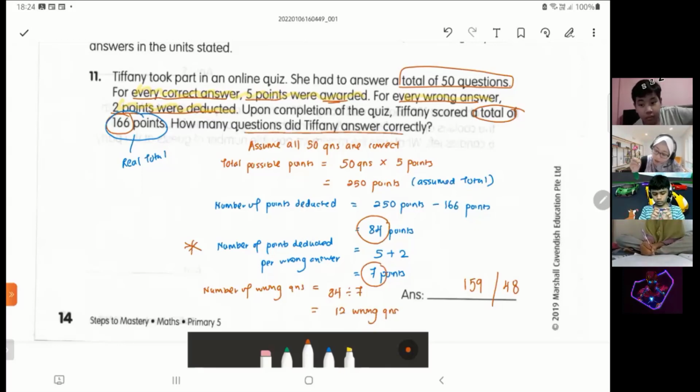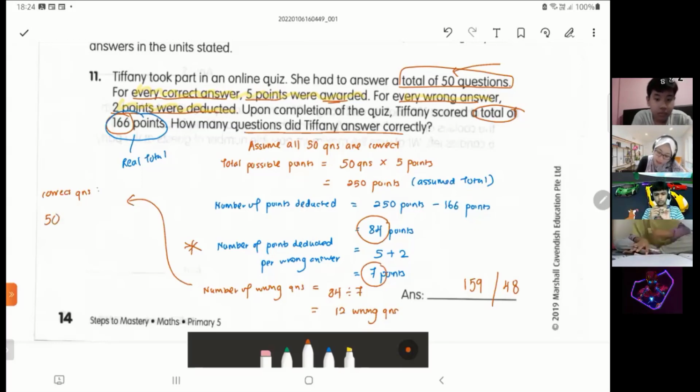How many questions did Tiffany answer correctly? I can. So the total number of questions that I get to answer is 50. So 50 minus away my wrong questions 12 equals 38. So 38 correct questions. This is my answer.